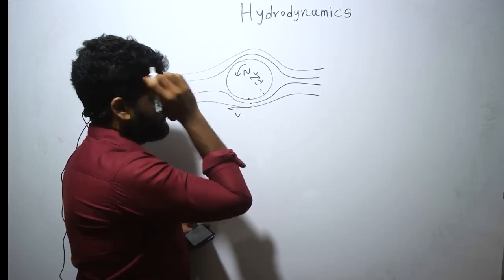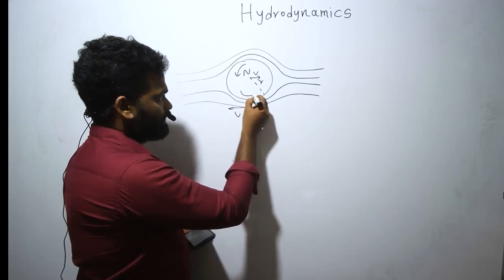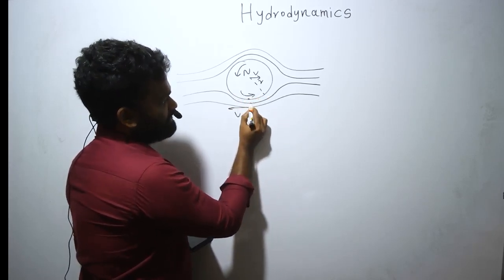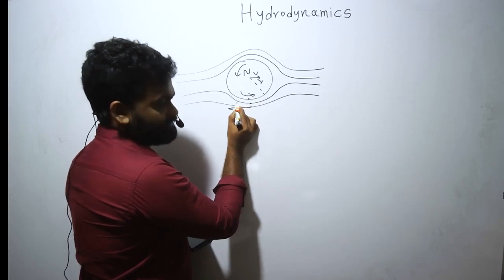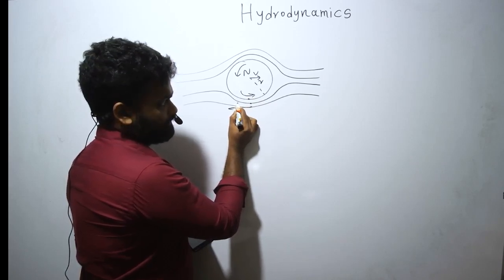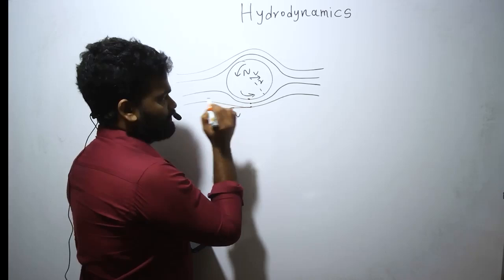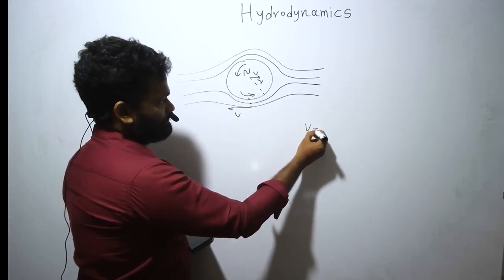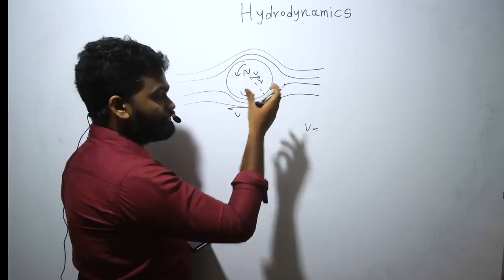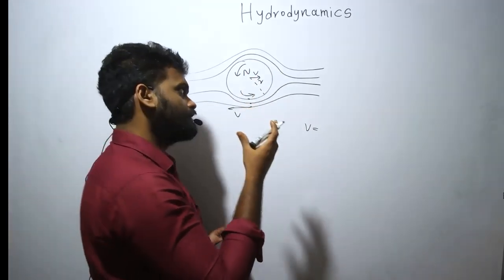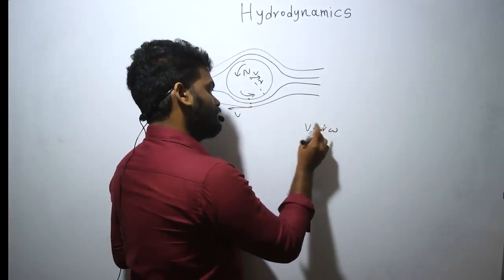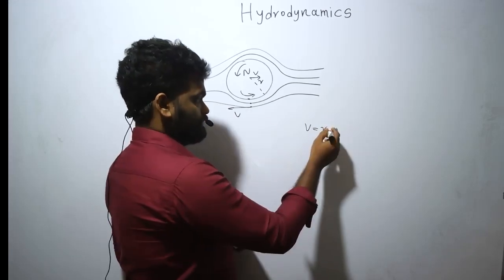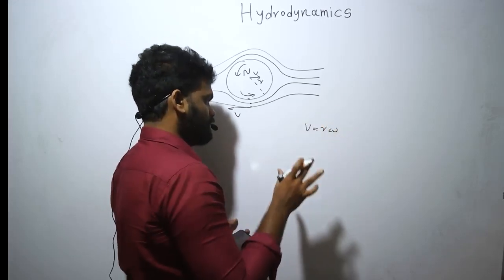But the thing is, closer to the ball, since the ball is rotating to this side and the air stream is moving to this side. Okay. So the velocity here should be what? Before that, you need to find the tangential velocity of the ball regarding the rotation of the ball. So let's say that is r omega for now, right?